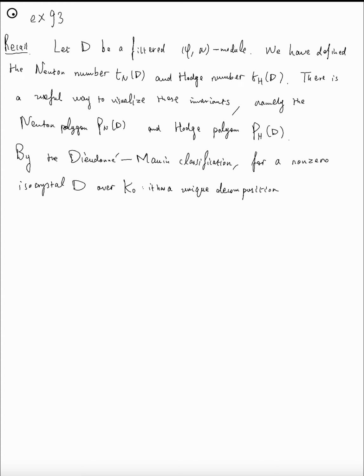It has a unique decomposition over alpha rational numbers, D of alpha. This is only a finite direct sum. Only finitely many D alpha non-zero, where D alpha is the part of the subspace of the slope alpha.